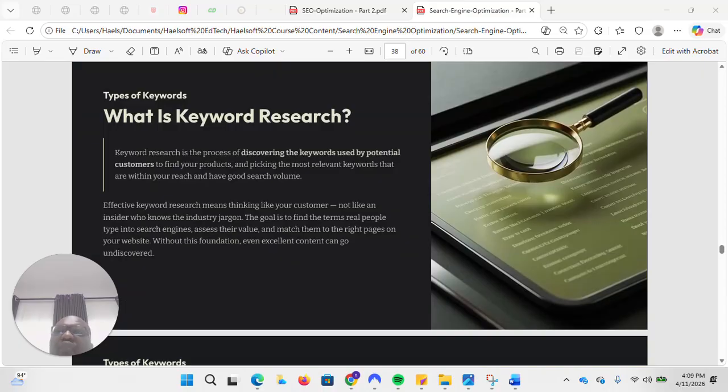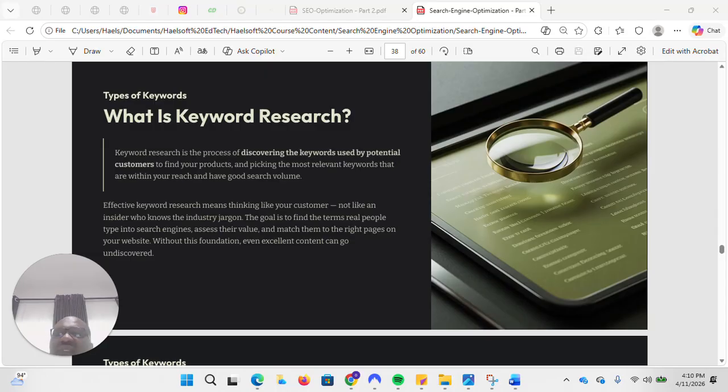Keyword research is the process of discovering the keywords used by potential customers to find your product or services and picking the most relevant keywords that are within your reach and have good search volume. You have to pick the most relevant keyword. It's not just any keyword that you will pick.